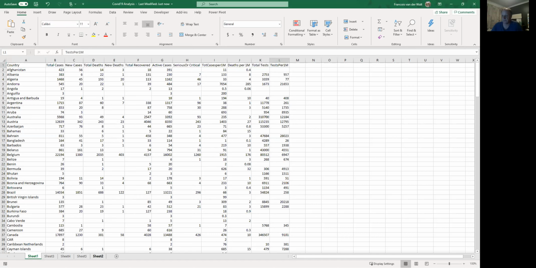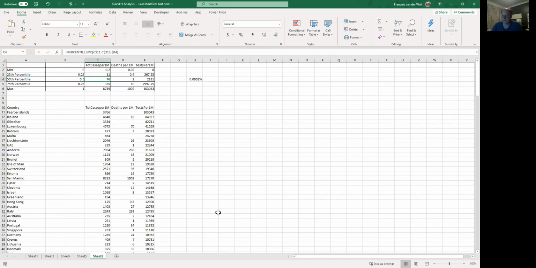So let's look at what I've done. For starters, I said let's look at these three variables and calculate the min and the max and the 50th percentile and so on. So we now know the expectation of any country: 76 is the median of cases, deaths is about 2 per million, and the number of tests being done is about 2,000 per million.